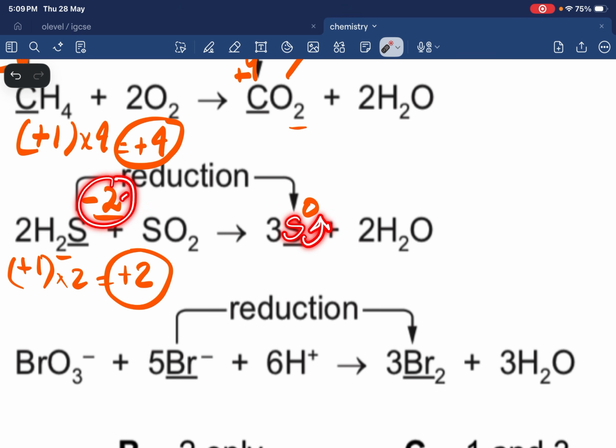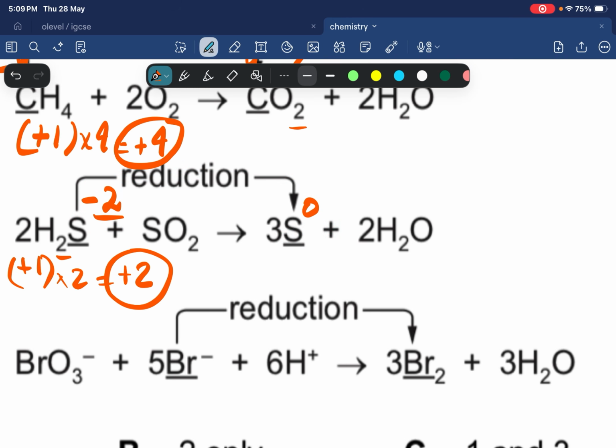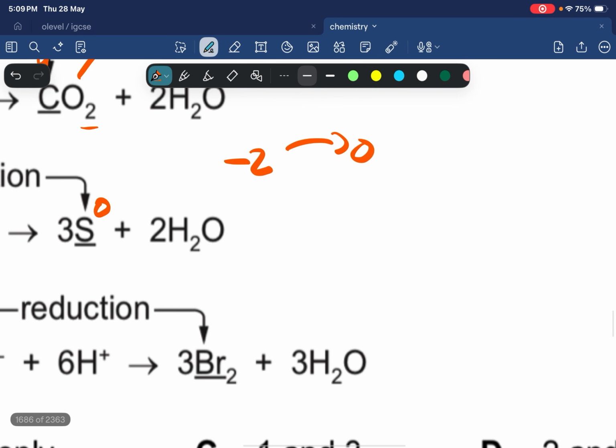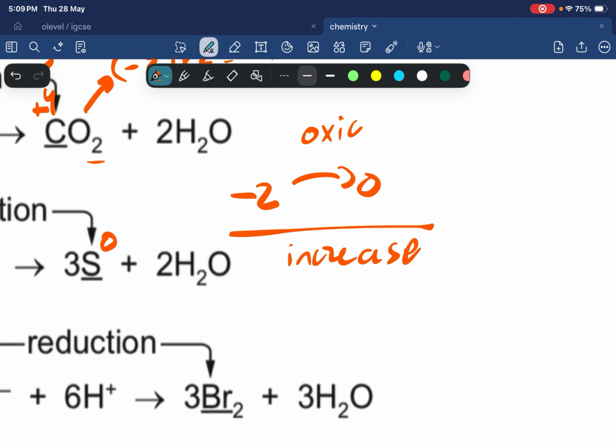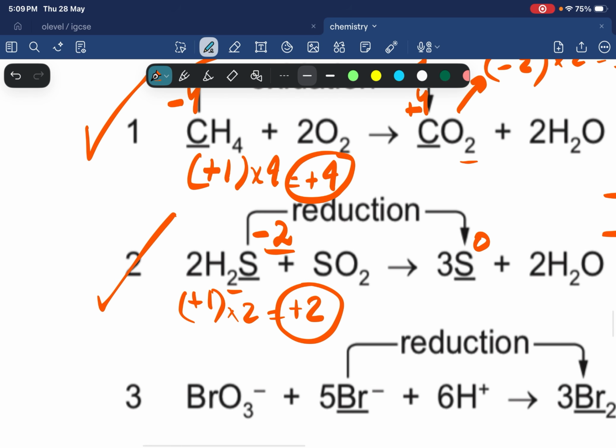From -2 to 0, the oxidation number is being increased, not reduced, sorry, increased. So this is oxidation, not reduction. So this is incorrect.